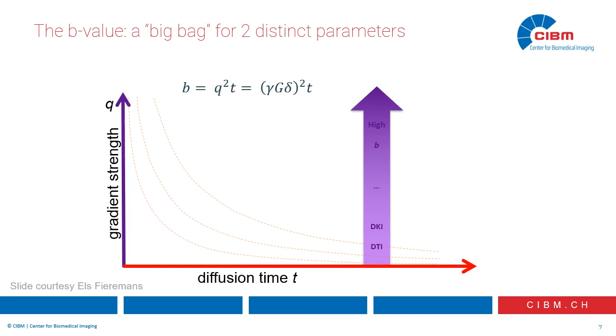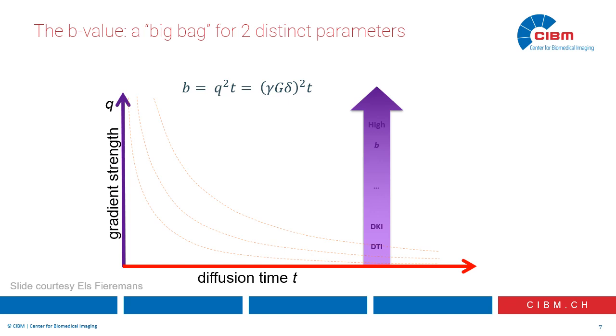And so typically what people do without really thinking about it is that they work at a fixed diffusion time. In clinic, this is usually a fairly long diffusion time, and then they increase the gradient and thereby the Q value to go from a DTI regime to a DKI and to a high b or high Q regime.